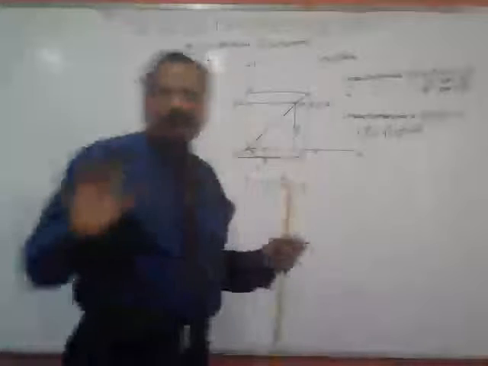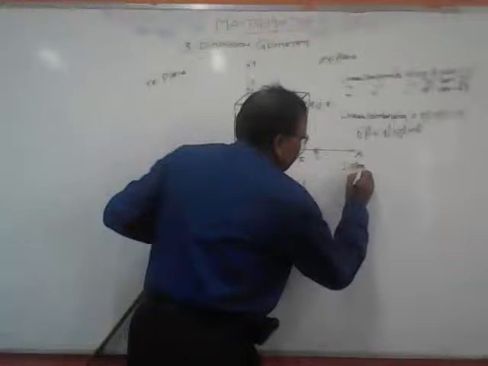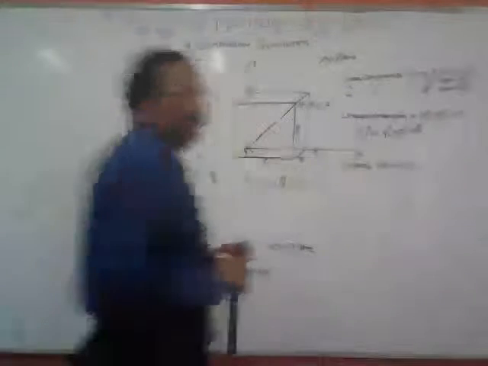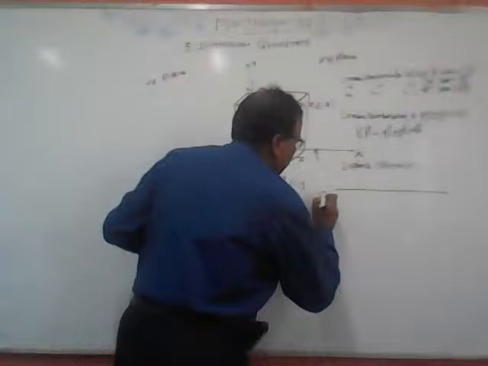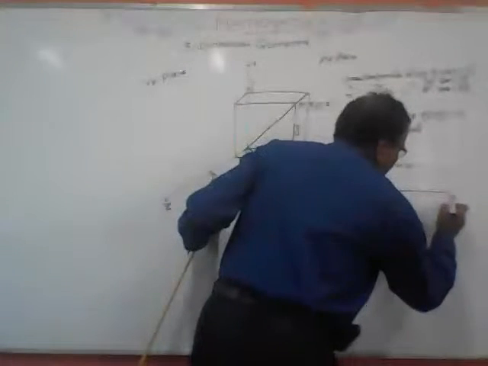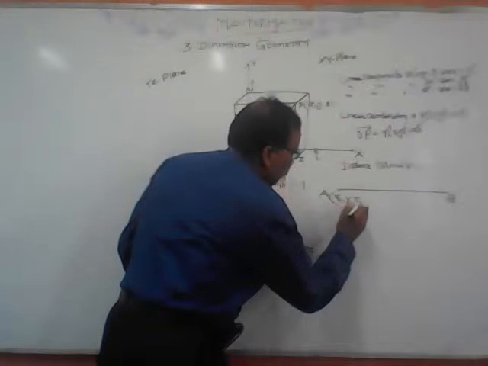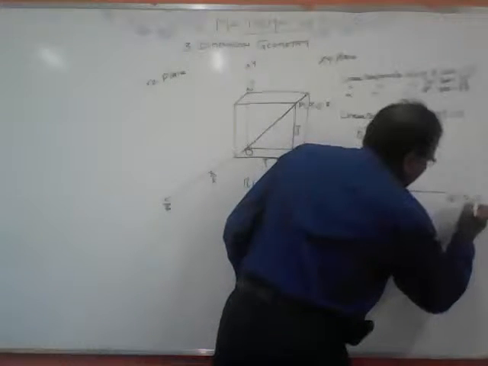The second thing we are going to see is the distance formula. Suppose there are two points, A and B. The coordinates of A are x1, y1, z1, and the coordinates of B are x2, y2, z2.